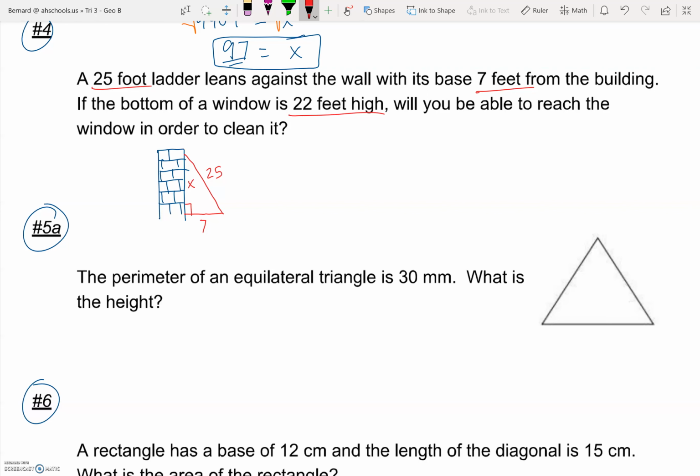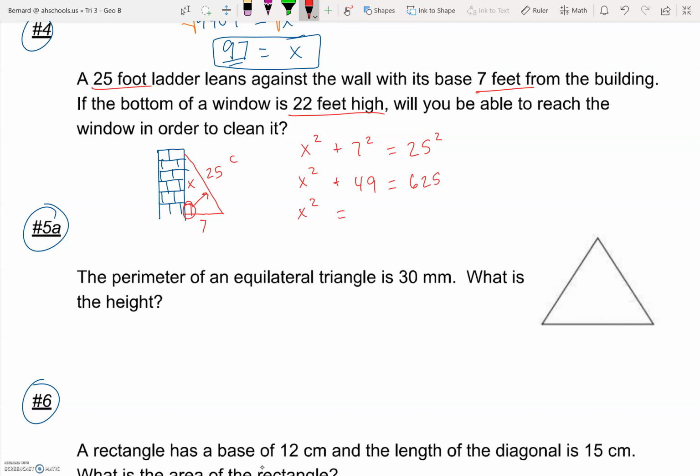So again, a squared plus b squared equals c squared. Find your right angle. 25 is c. And so we will start with x squared plus 7 squared equals 25 squared. Solve this. 7 squared is 49. 25 squared is 625. Subtract 49.